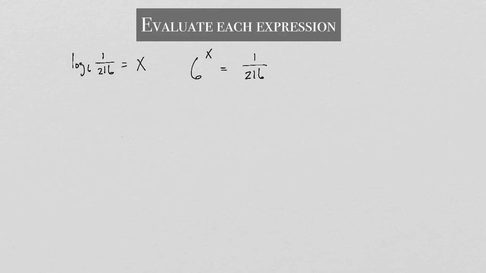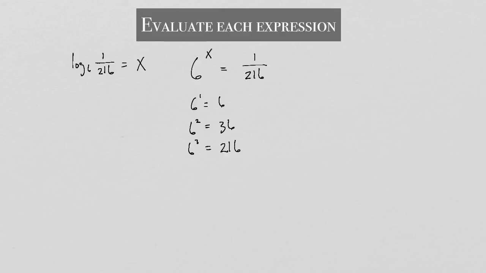So let's see what powers of 6 will give us 216. So we have 6 to the first power, 6 squared, 6 cubed. Okay, 6 to the first power is 6. 6 squared is 36. 6 cubed is 216.